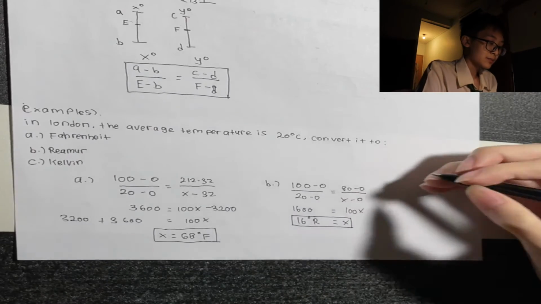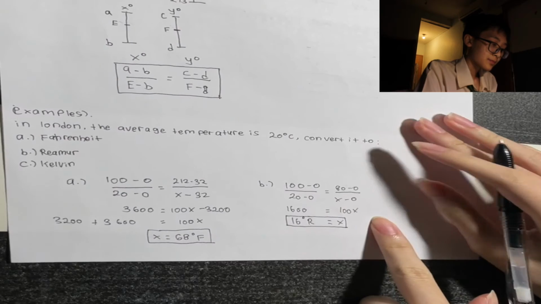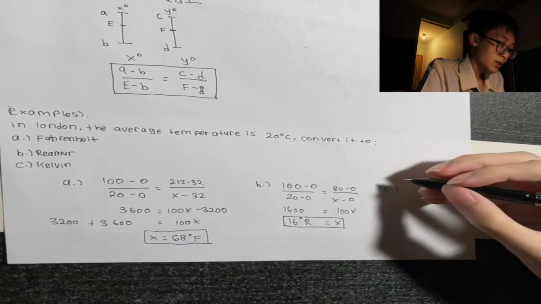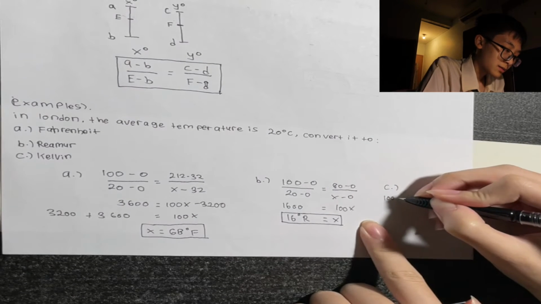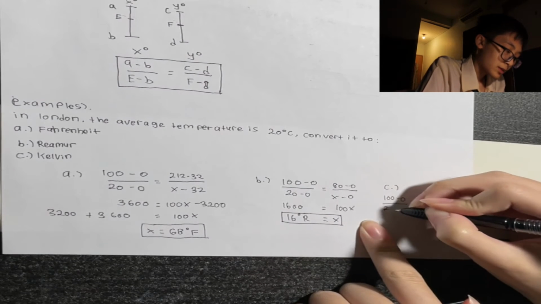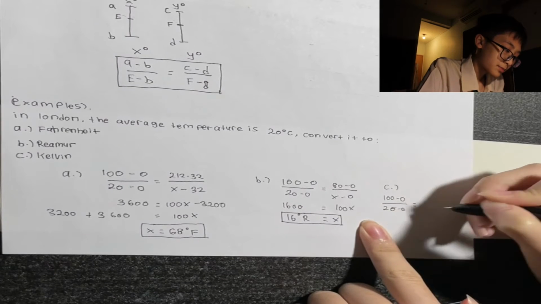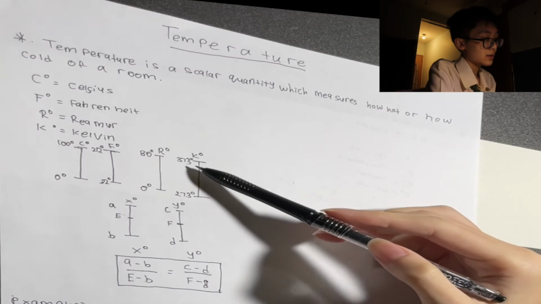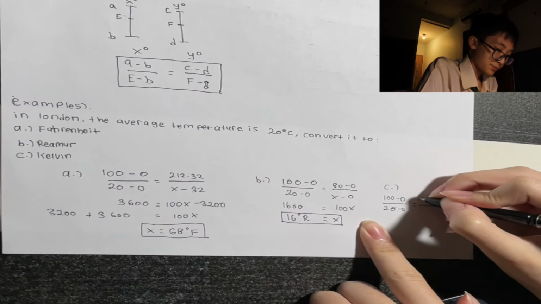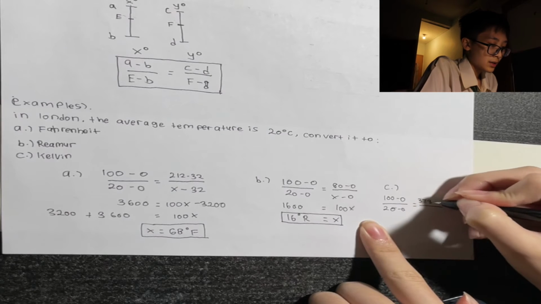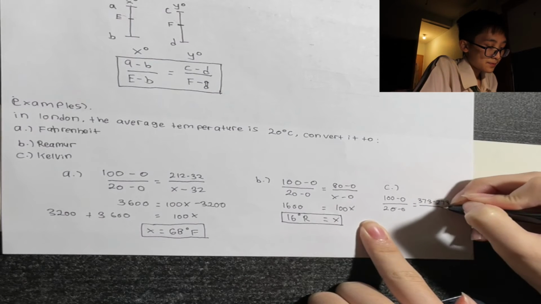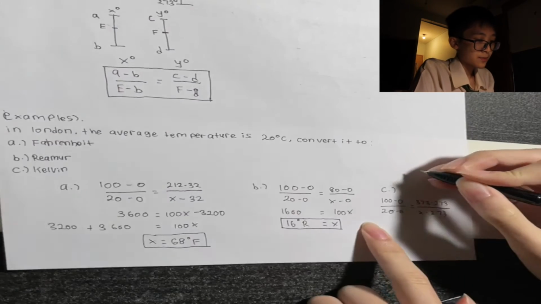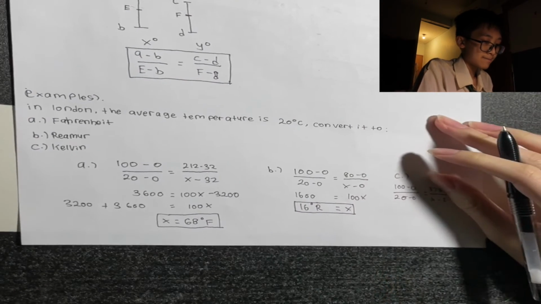Now let's move on to C. Let's use the same thing. 100 minus 0, 20 minus 0. For Kelvin, let's do the same equation. 373 minus 273. The value which we don't know, minus 273.